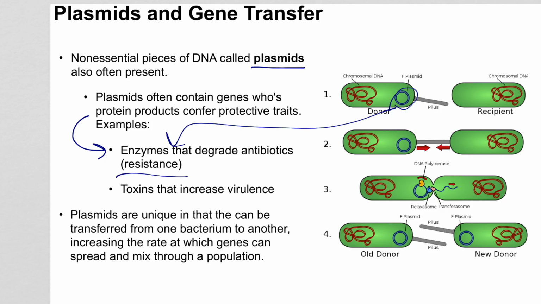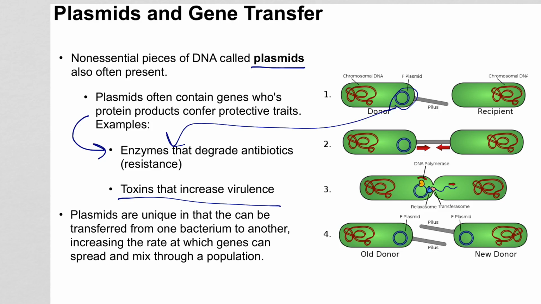The drug's not going to have an effect because the bacterium can just metabolize it away. And not every plasmid will have those genes, but some do. It's also possible that plasmids could carry genes that code for toxins. Almost every toxic molecule that bacteria produce, the ones that really harm you, they're proteins, which just means that they're genetically coded for by genes, sometimes on plasmids, sometimes in chromosomes.